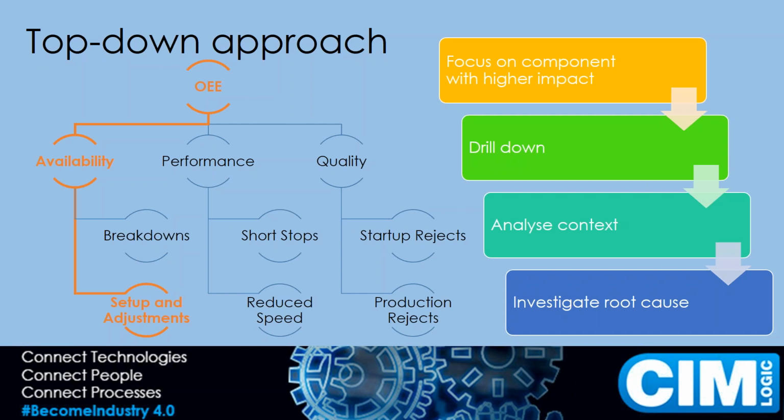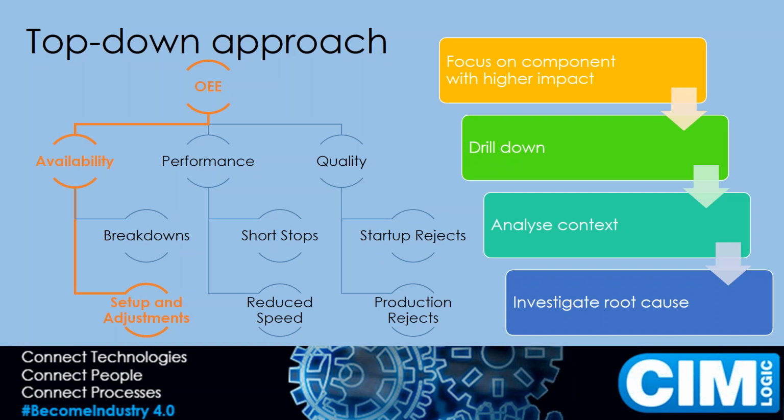We might find that our OEE is too low, and its biggest contributor, its biggest factor, was availability. Then we can drill down within availability and find out that, for instance, the biggest contributor were the setups and adjustments that were too high. And by drilling down and analyzing the context of this information, we can investigate what was the root cause for that, and then address that problem.